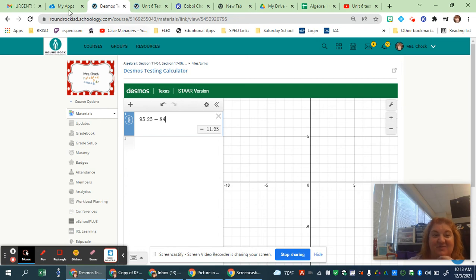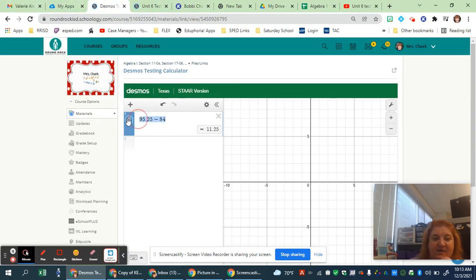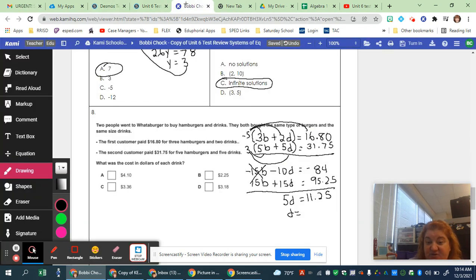Okay, 11.25. So 5d equals 11.25. And then d equals 11.25 divided by 5. 11.25 divided by 5. 2.25. Is d the drinks?